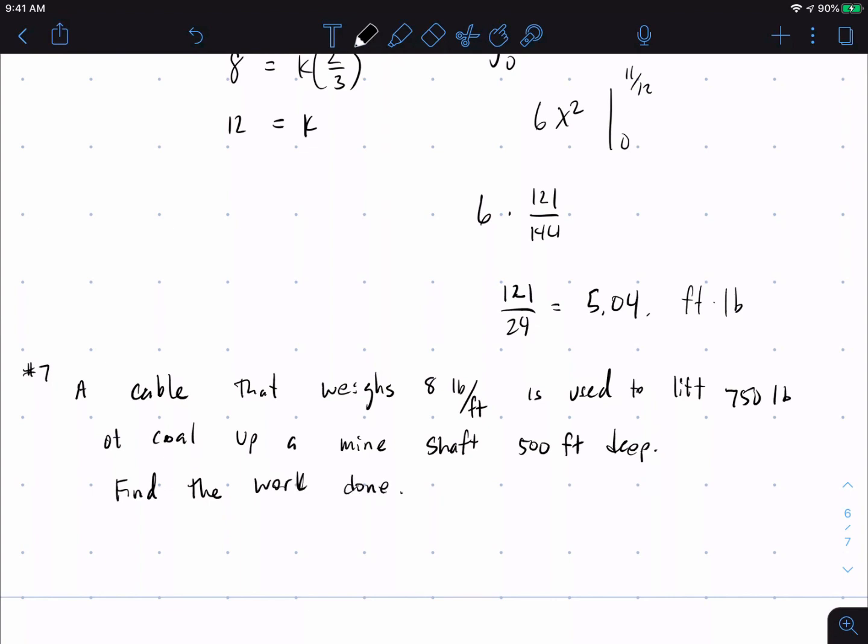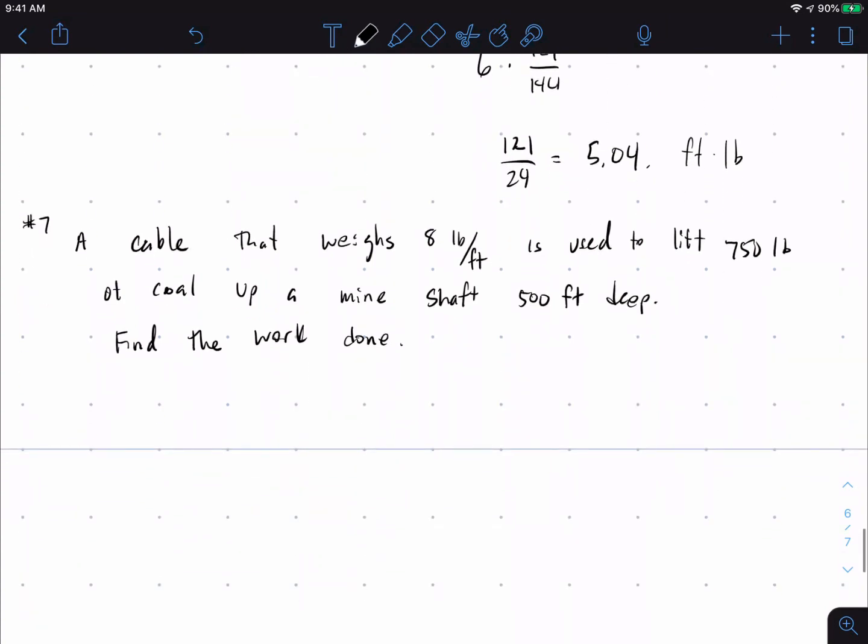So the first thing that I want you guys to be able to do for me is write this in this form. So we know the definition.